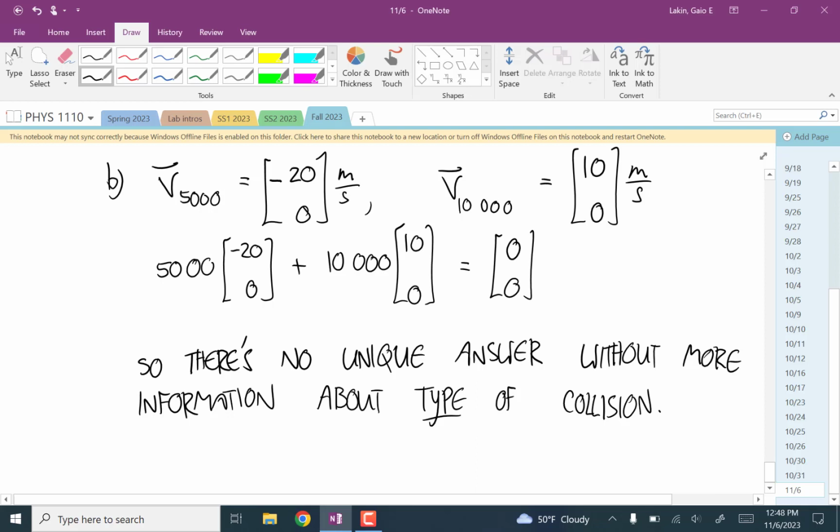If these things bounced apart, they'd have some kind of set of velocities. If they stuck together, they'd have some kind of velocities. If they were halfway in between those, they'd have some kind of velocities.